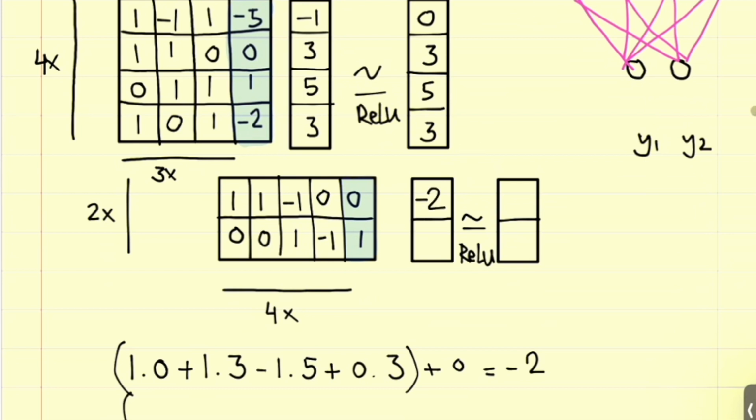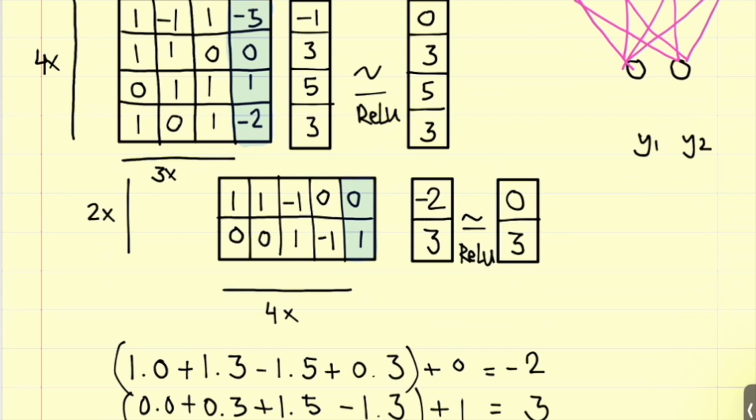And 0 times 0 plus 0 times 3 plus 1 times 5 plus minus 1 times 3 plus 1. That's 5 minus 3, 2 plus 1, 3. Okay? So after ReLU activation function, the output goes 0, 3.